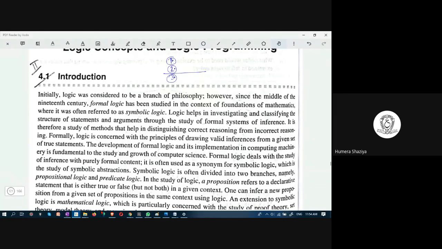All right, students. Again, I'll give you one example and then you tell me what inference you make. First, I say that corona cases are increasing.